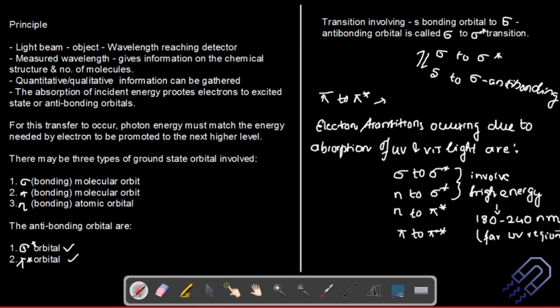So you understand that when we talk about this far UV region, this will have more energy, right? Because if you remember the relation E equals h nu, which equals hc divided by lambda, if the wavelength is less, the energy is going to be more.